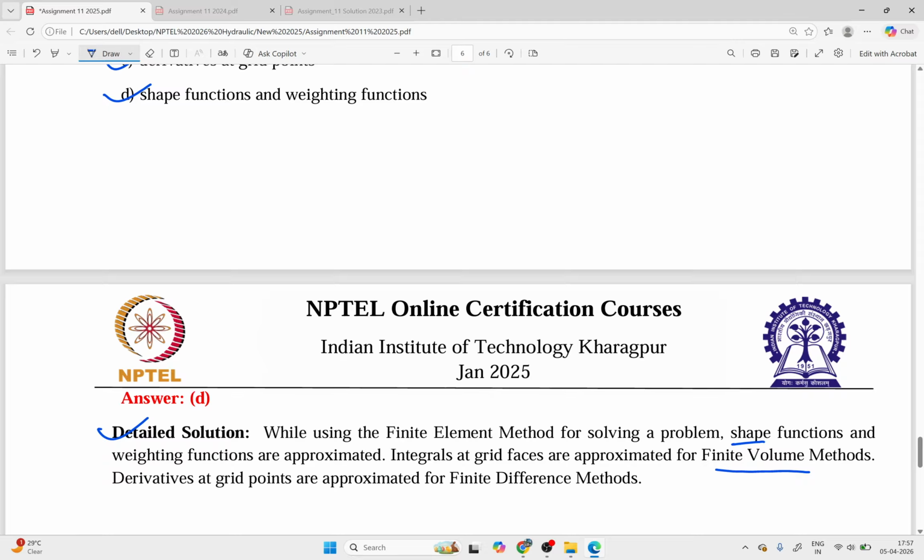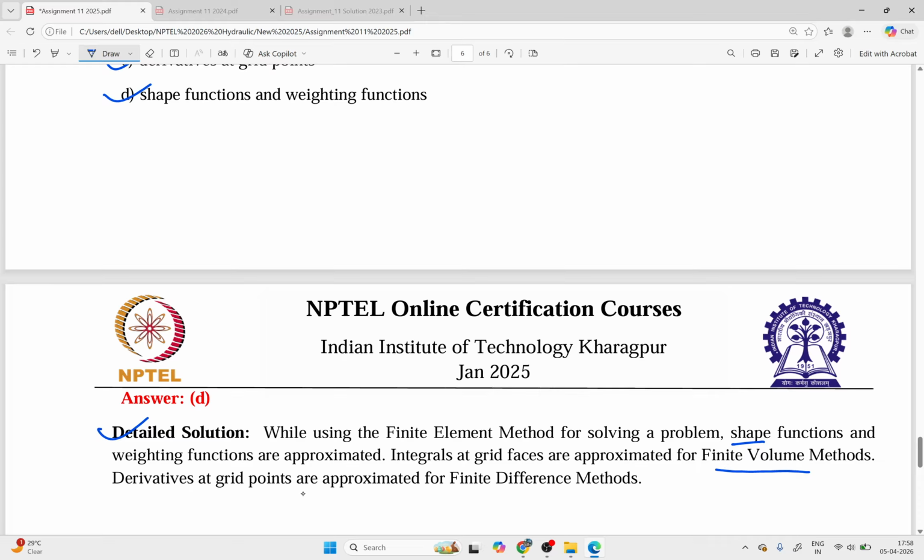So remember, please, if you go for any job in fluid mechanics and CFD, maybe one can ask you this. For the finite element method, you need to approximate the shape function as well as the weighting function, and for the finite volume method, you need to approximate integrals at grid face.